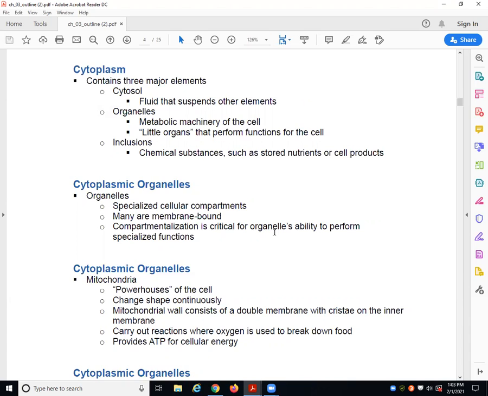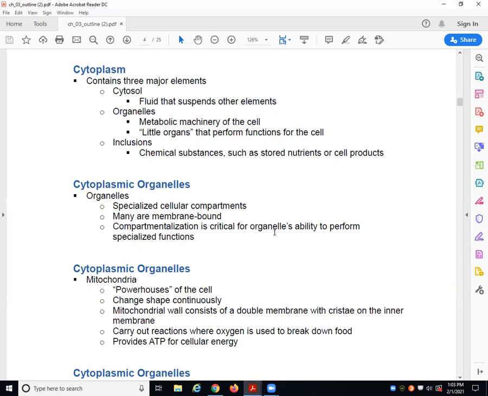These are just different chemical substances, and they include things like nutrients that have been stored in your cells, as well as products of the cells. Not much to say on the cytosol other than that it's a fluid. So let's talk about the organelles.